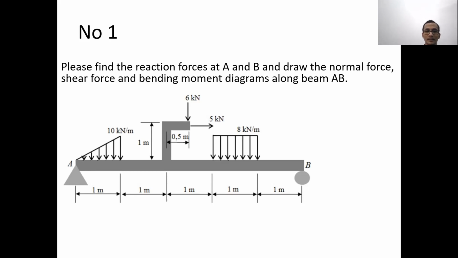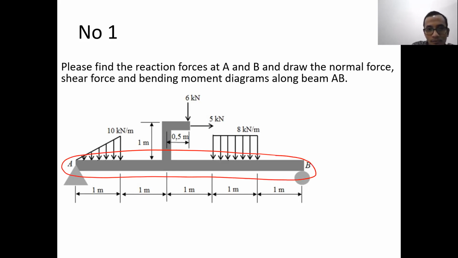Draw the free body diagram first, sir. Yes, correct. Draw the free body diagram, but remember, most of the time you are only asked to solve for the horizontal beam.